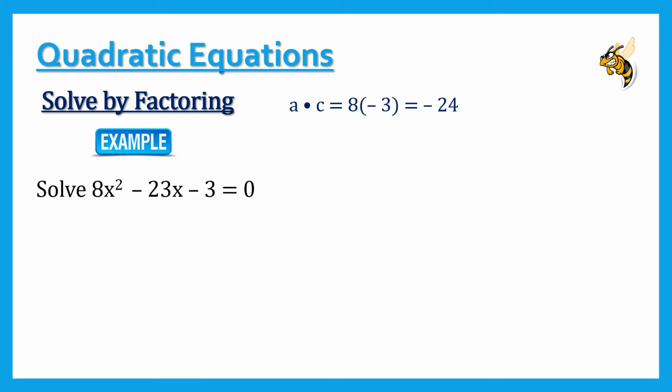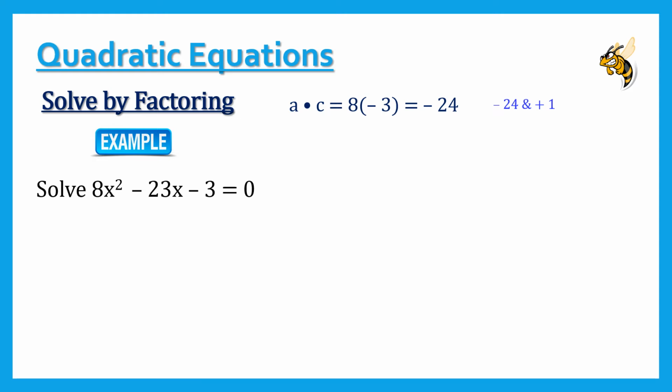How do we know which one is positive? Is it the 24 or is it the 1? We always focus on the biggest. The biggest is 24, and it takes the sign of b, and in this case b is negative 23, so therefore it's going to be negative 24 and 1.